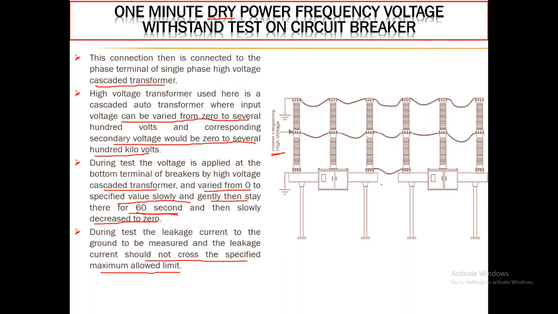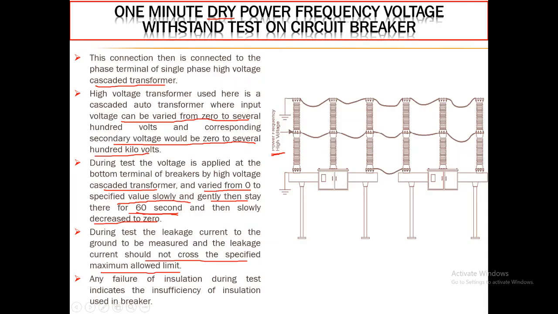The leakage current is normally measured with respect to the ground, and it should not cross its specified maximum limit. Any failure of the insulation during the test indicates the insufficiency of insulation in the breaker. So this is about the power frequency withstand voltage test over the circuit breaker.